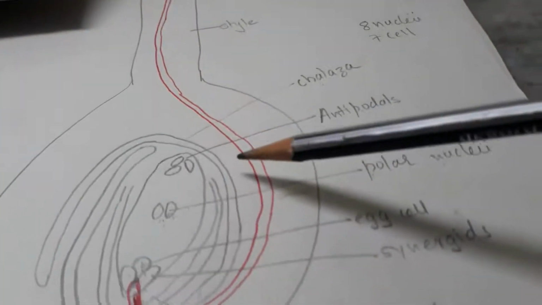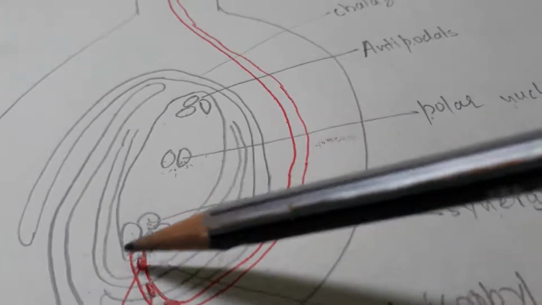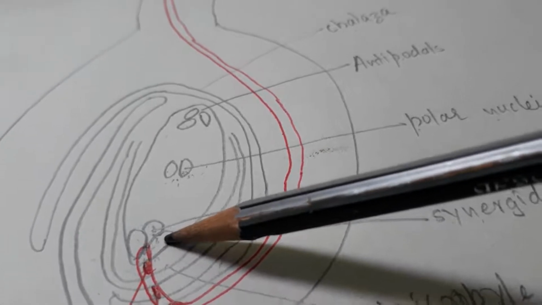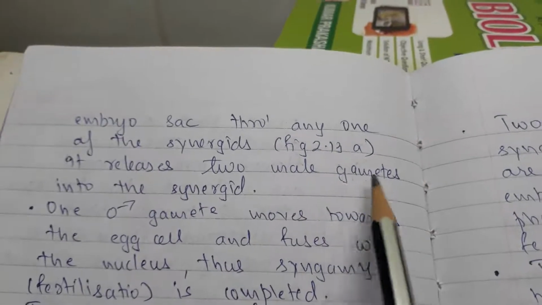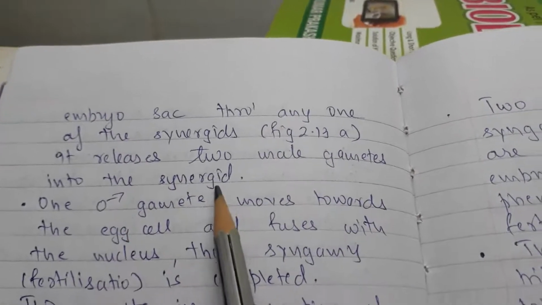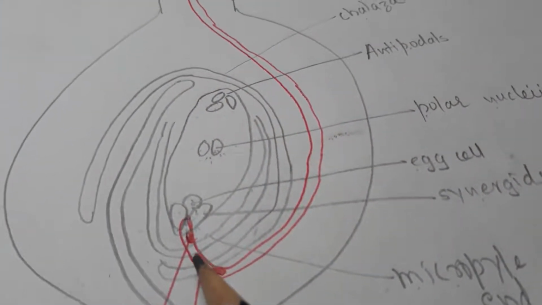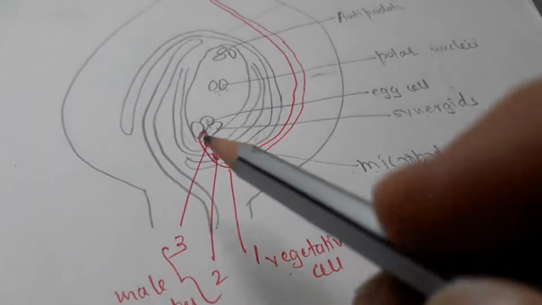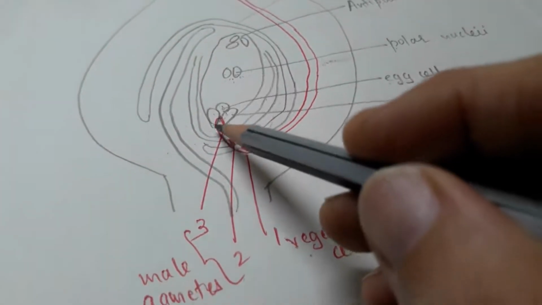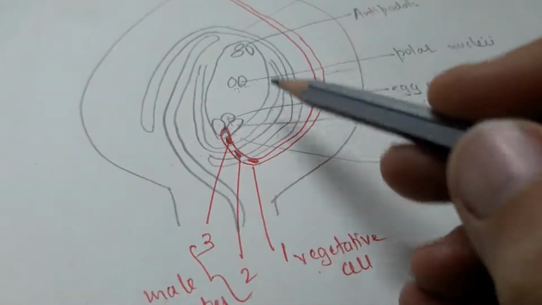So here the pollen tube is entering through any one synergid, this synergid or this synergid. It releases two male gametes into the synergid. So where is that? Here. This will disintegrate. This is the vegetative cell. This one and two male gametes are released inside.